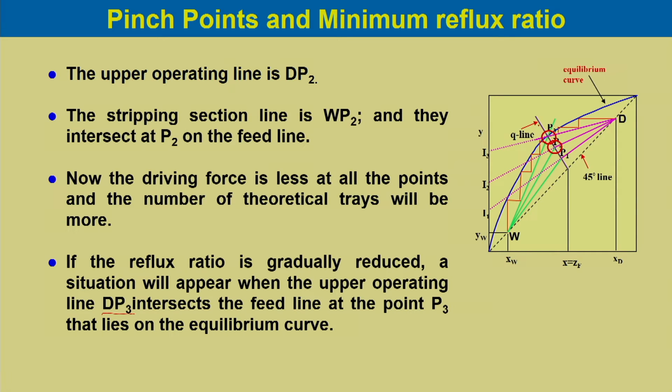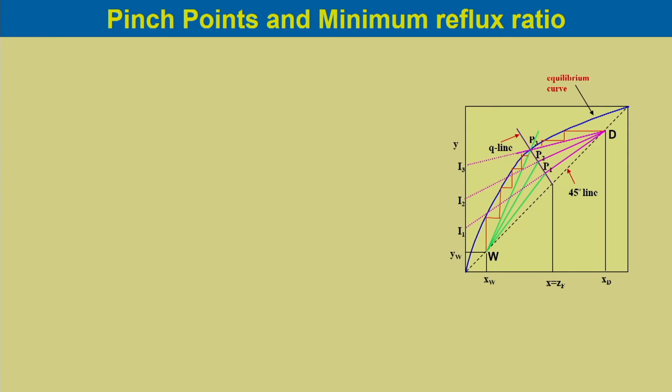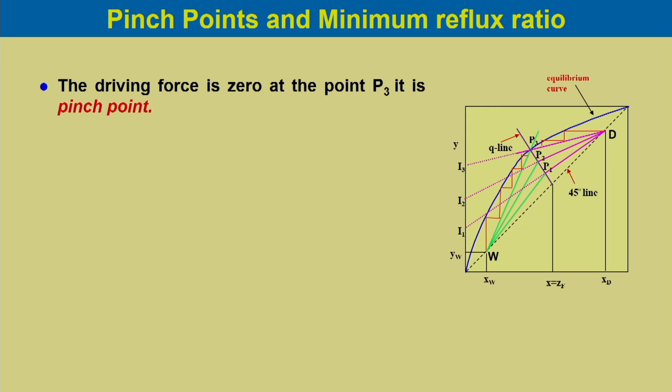So, both the feed line and the upper section operating line, or enriching section operating line, meet at the intersection point of the equilibrium curve. In this case the driving force is 0 at point P3 and it is called the pinch point.